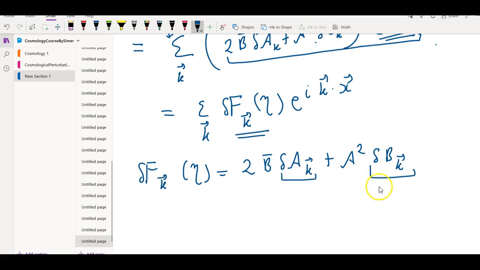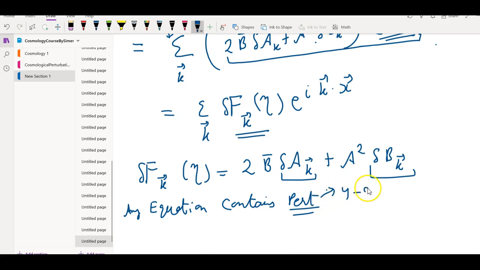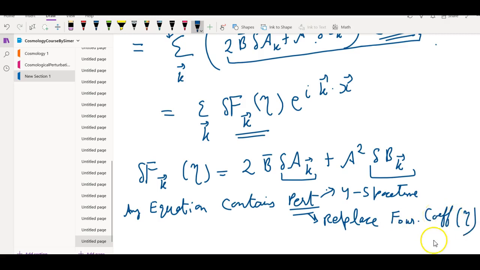If you have any equation that contains a perturbation in four-dimensional space-time, you just replace the perturbation with its Fourier coefficient as a function of eta.